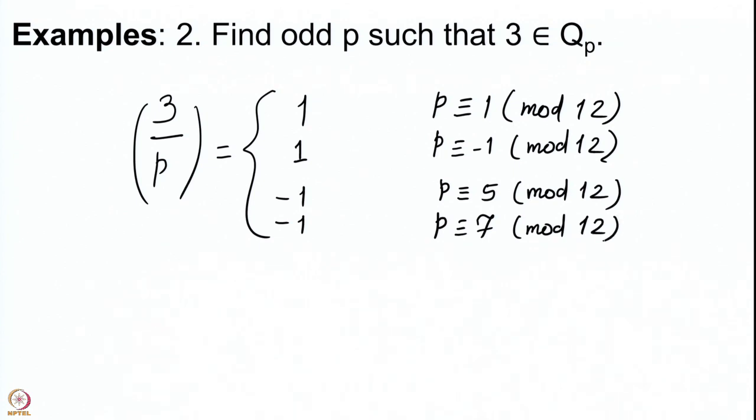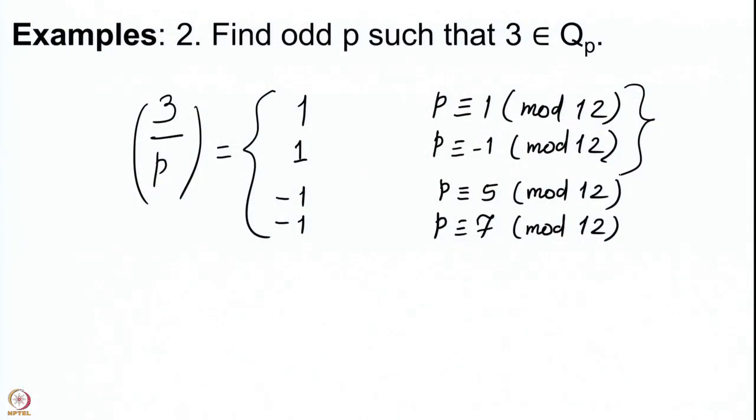There are these other two odd numbers modulo 12 which are 3 and 9, but a prime cannot be congruent to 3 or 9 modulo 12, because any such prime would have to be divisible by 3, but we are looking at the residue behavior of 3. So, we are not going to take the prime equal to 3. So, we are looking at all odd primes not equal to 3 such that 3 is a square modulo the prime, and the answer is that such a prime has to be 1 or minus 1 modulo 12.